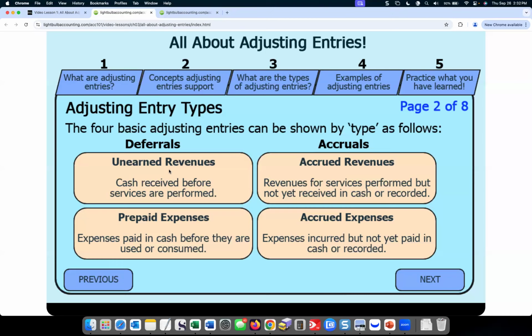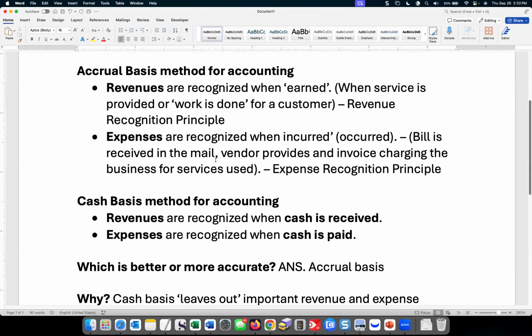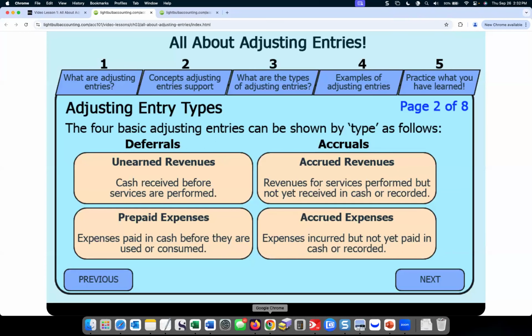So an unearned revenue, why do they call it a deferral? Remember when we go back to the notes, we're looking at recognizing the revenue, and we only do that when we earn it. So if somebody pays us up front for work that we haven't done yet, there's a delay, or again, a deferral, where we are waiting for that revenue recognition to occur.